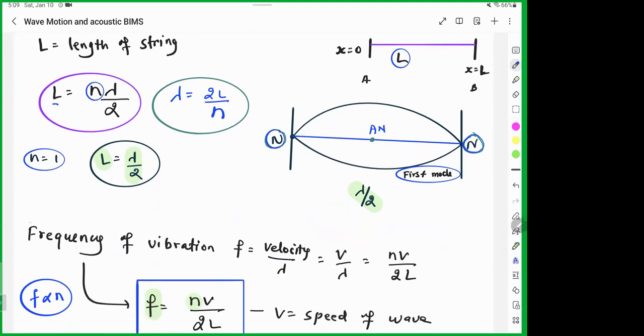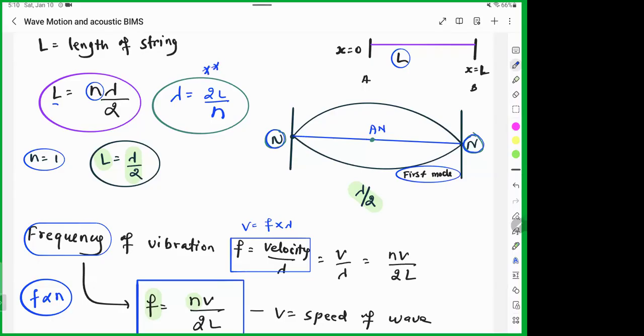You want to calculate frequency. You know frequency is equal to velocity by lambda, because velocity is equal to frequency into lambda. And what is the value of lambda? 2L by n, from this.